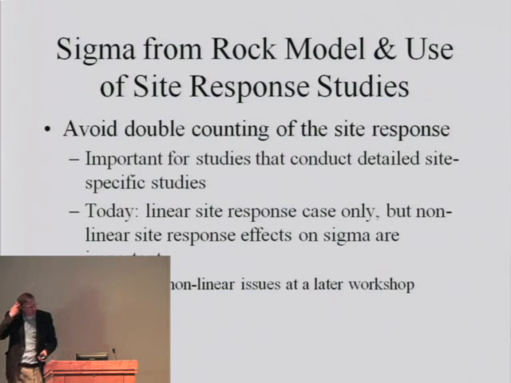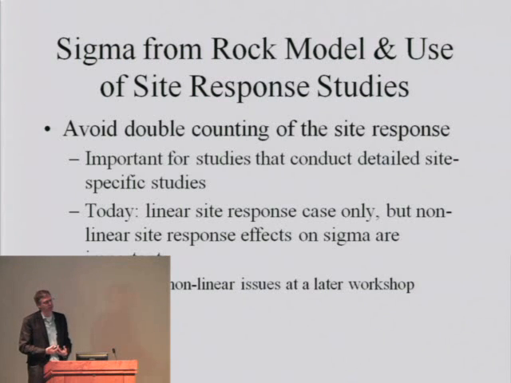Part of the issues we have are trying to get sigma from a rock hazard model that could be used later on for a site response study. So when we start to get design ground motions, we want to avoid double counting of parts of the variability.